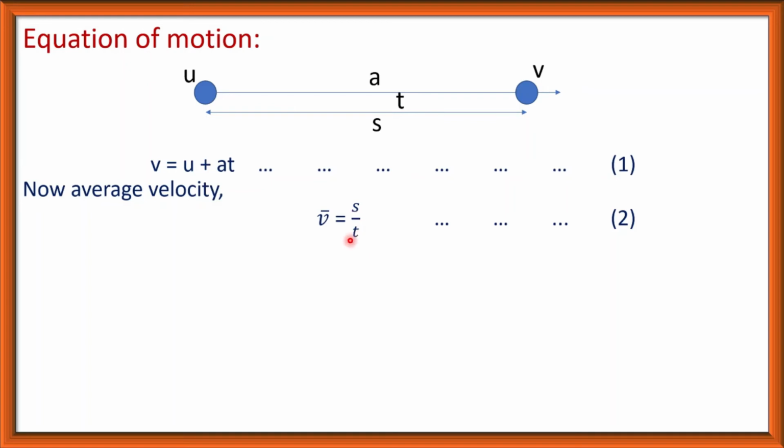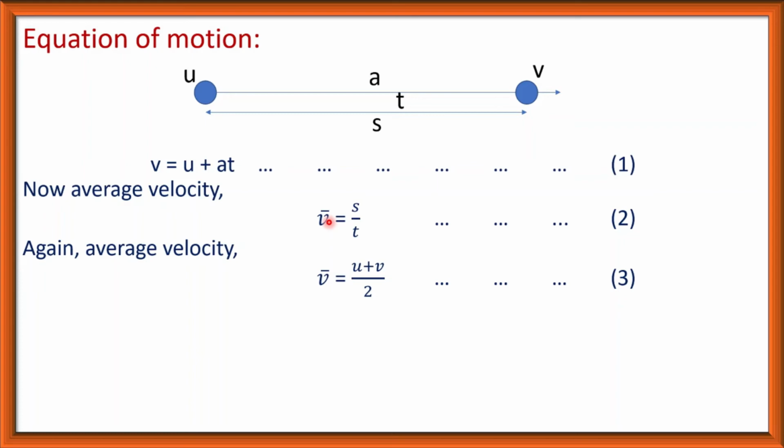So s divided by t is equal to average velocity, and average velocity is equal to u plus v divided by 2. Here the average of two quantities, u and v, these are two velocities. So u plus v divided by 2 is the average of these two velocities. Here two quantities, therefore divided by 2.